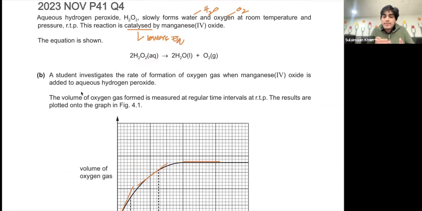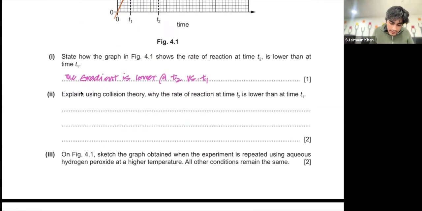Obviously, H2O2 particles are being used up. The concentration of H2O2 particles is decreasing. So I could say, hey, the concentration of H2O2 particles decreases. And what happens if the concentration of H2O2 particles decreases?